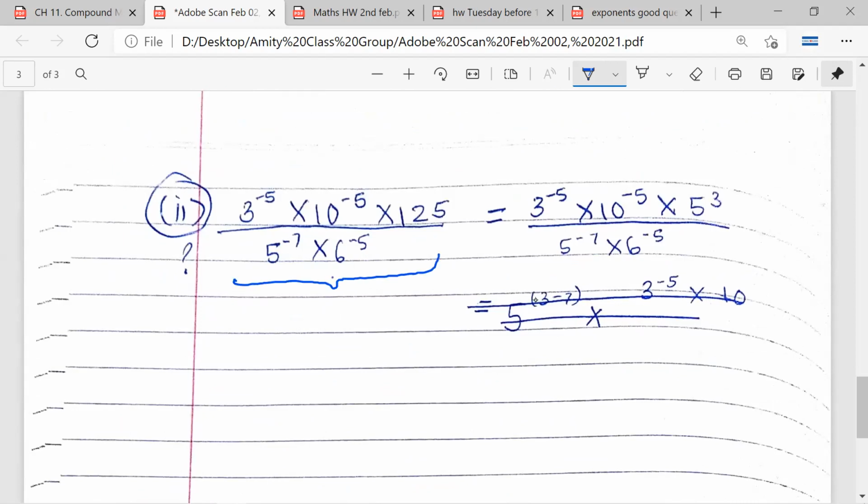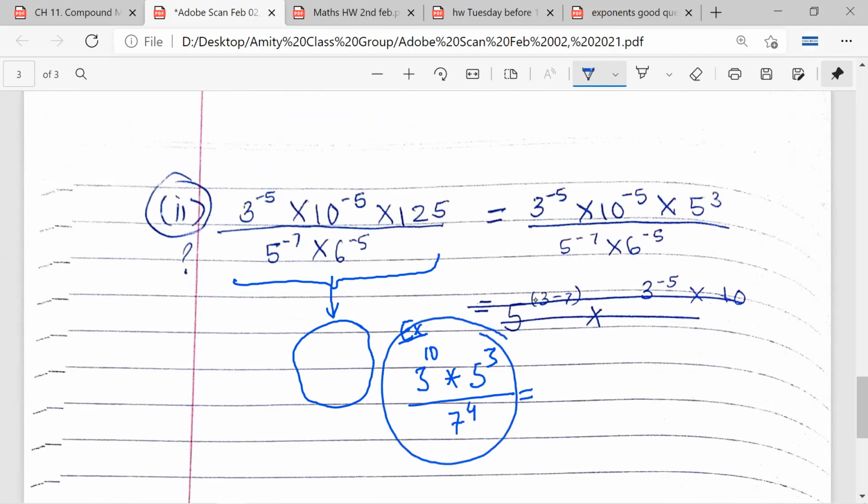When I solve this example, whatever solution comes, say for example, it comes like 3 raised to power 10 into 5 raised to power 3 upon 7 raised to power 4. This is just an example. Now, nobody expects me to solve this.